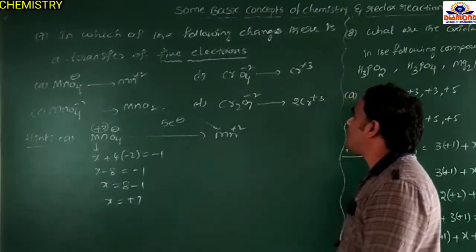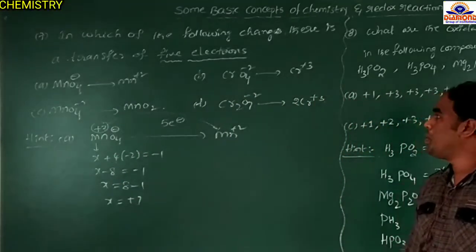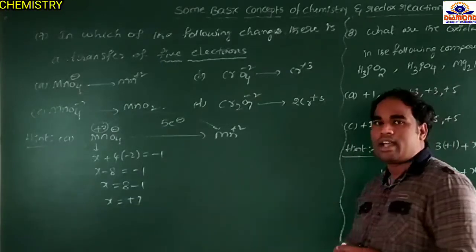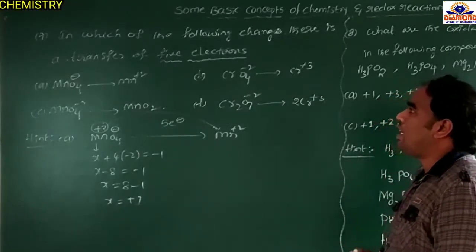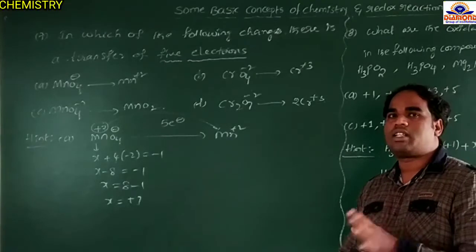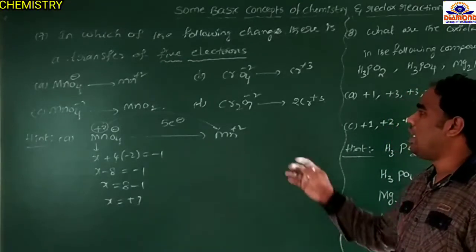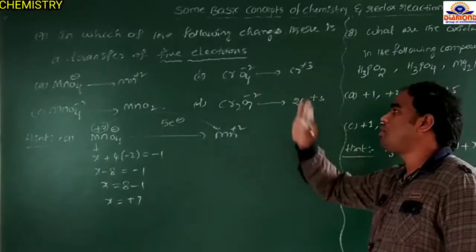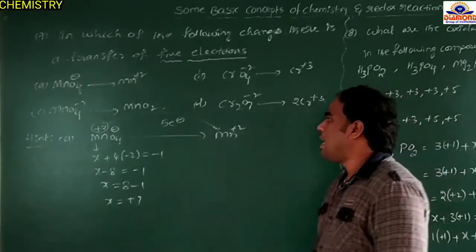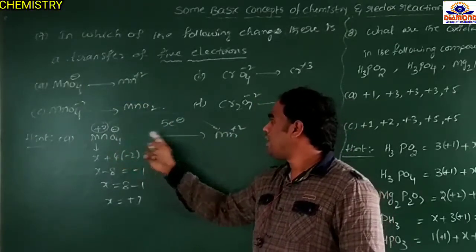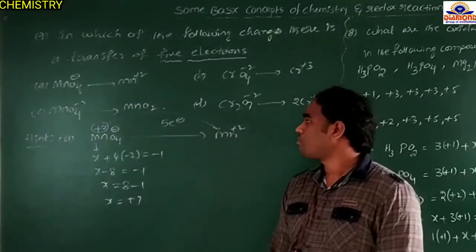And D, Cr2O7 minus 2 converts to Cr plus 3. Among these 4 reactions, in which reaction does 5 electron transfer take place? That is the question. First we observe option A: MnO4 minus converts to Mn plus 2.